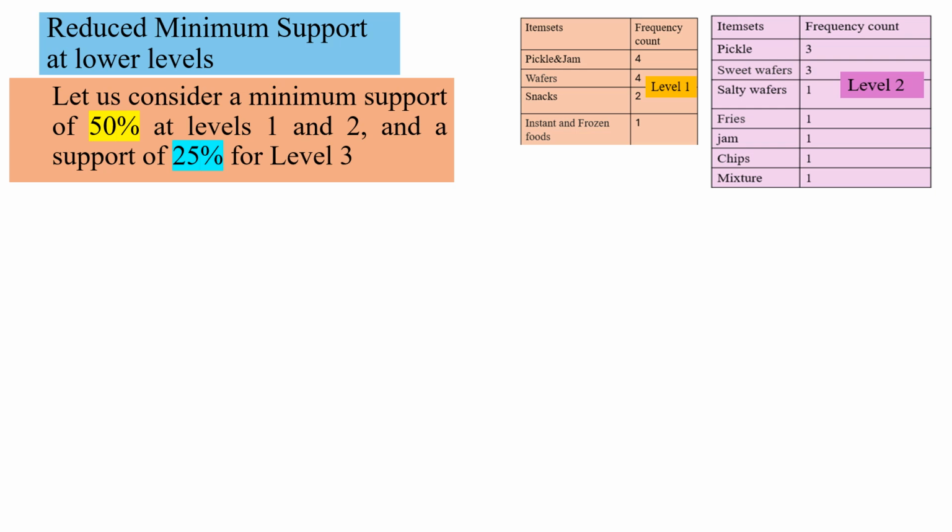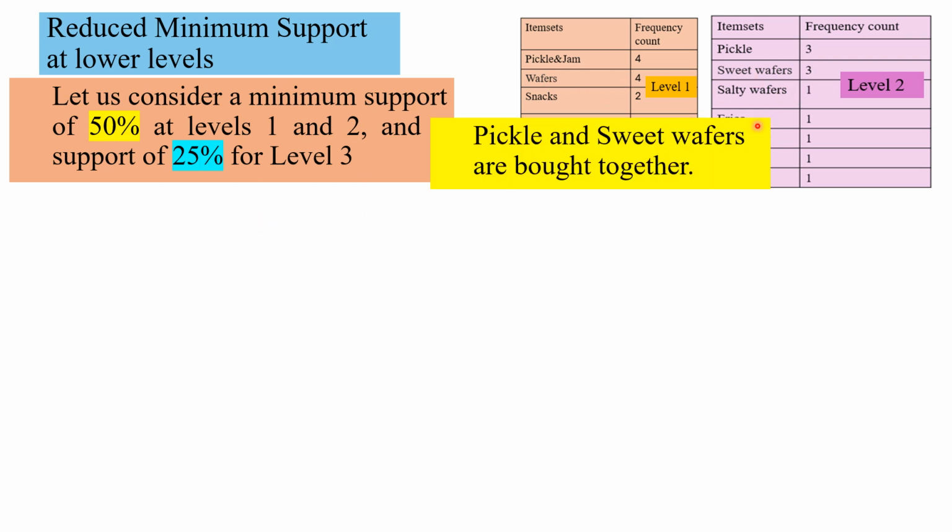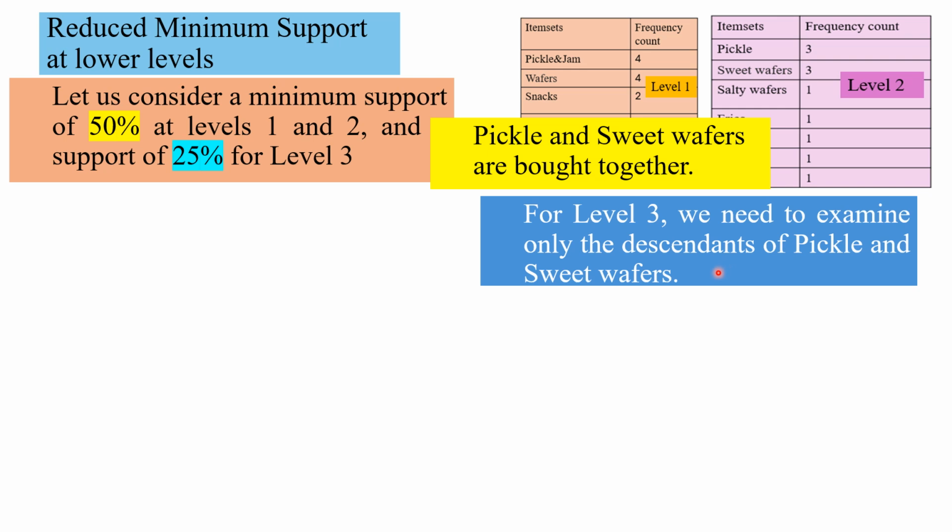So now we take the reduced minimum support. At higher levels, we keep 50%, and for level 3, we take 25%. So at level 1 and level 2, we had seen pickle and sweet wafers are bought together. So for level 3, we need to examine only the descendants of this pickle and sweet wafers.